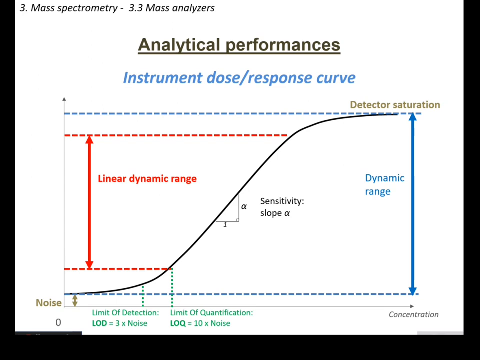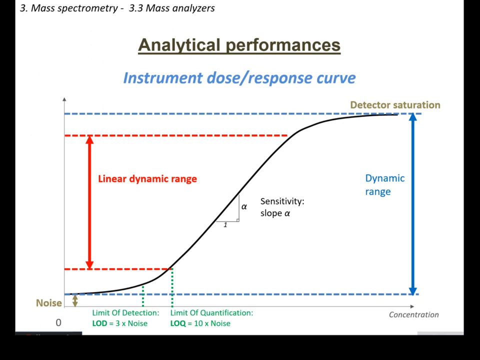What we call the dynamic range is the range of concentration between a signal giving noise and detector saturation. And most importantly, you have the linear dynamic range. And this is the part where you can make quantification.